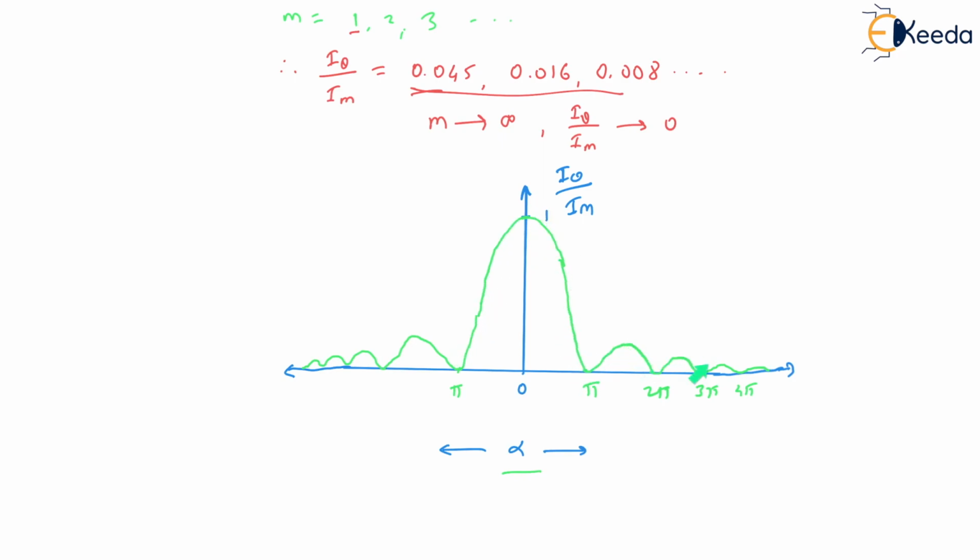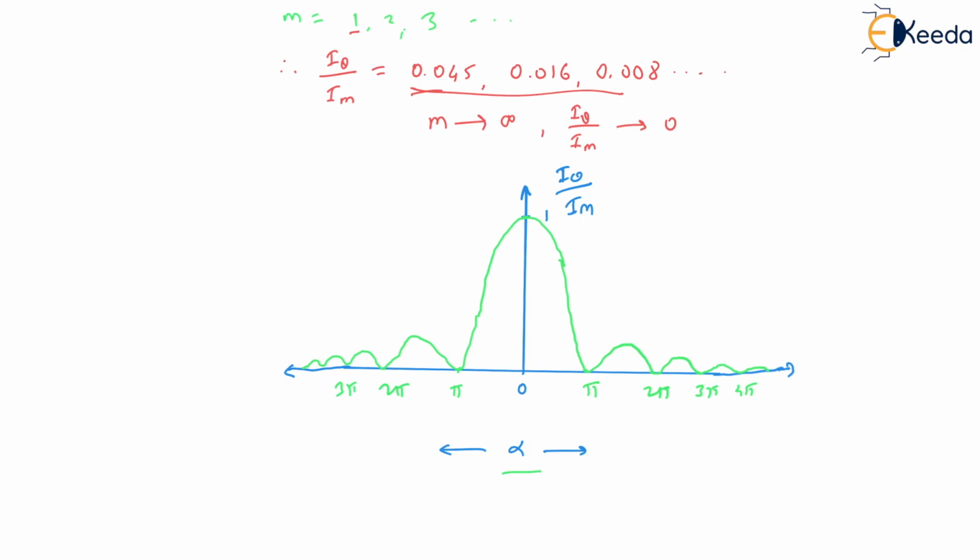On both sides the intensity decreases, and these are the points where you get the minima: first minima, second minima, third one, and so on. So this is all about Fraunhofer's diffraction pattern for a single slit.